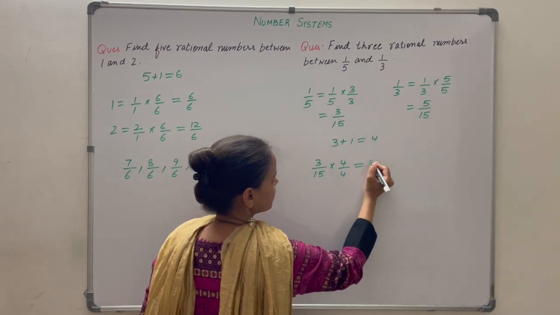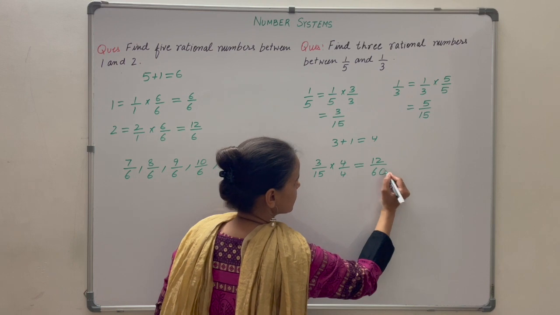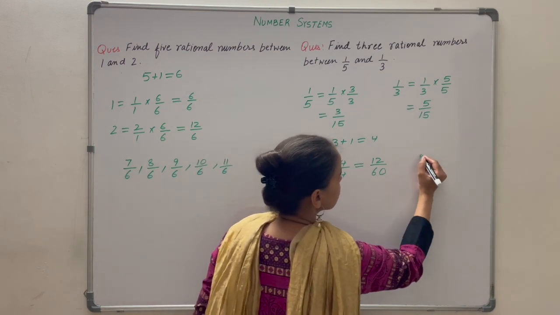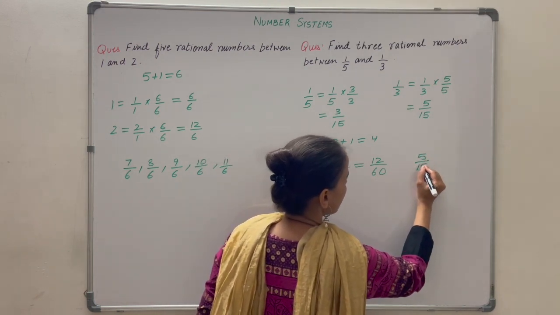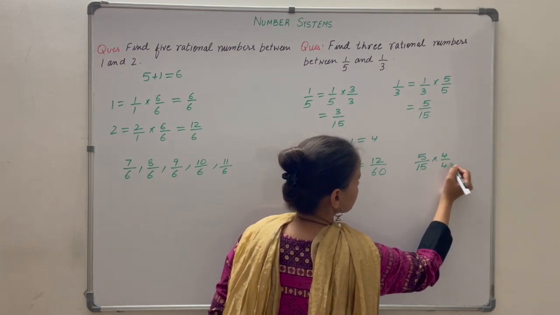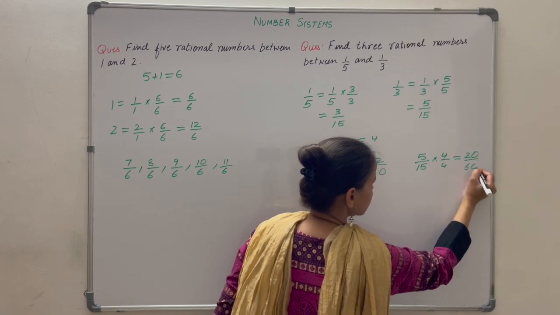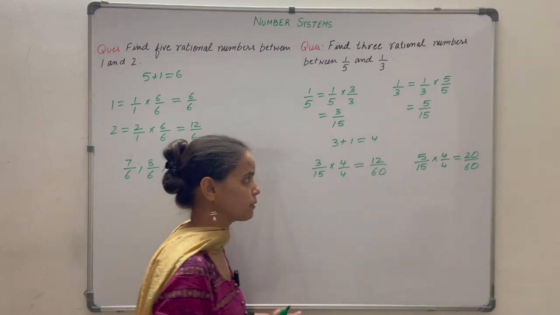So what do you get here? 3 4s are 12, 15 4s are 60. Here 5 by 15, I am going to multiply both numerator and denominator by 4. So what do you get here? 20 by 60. So you have sufficient numbers in between.